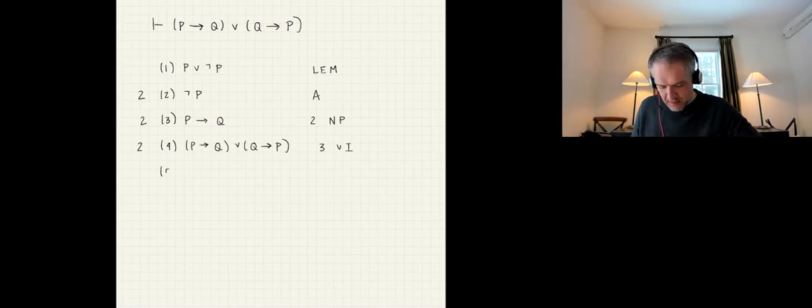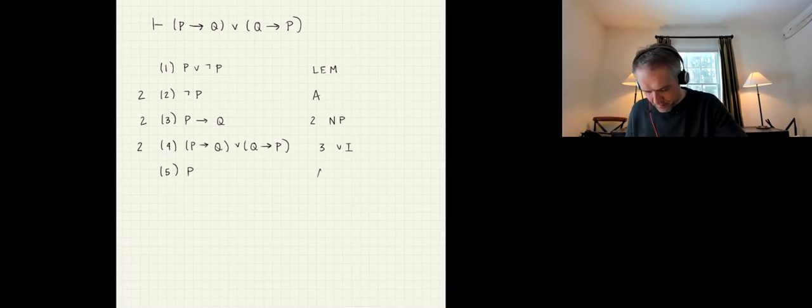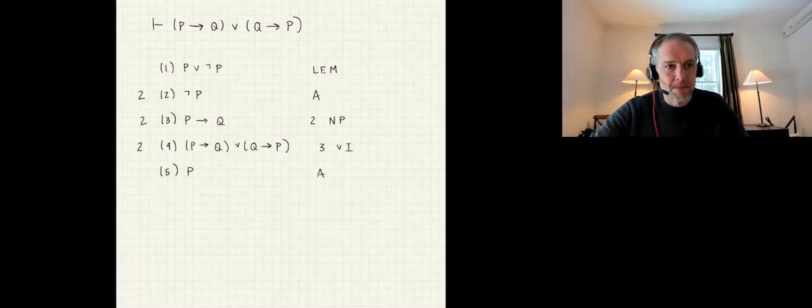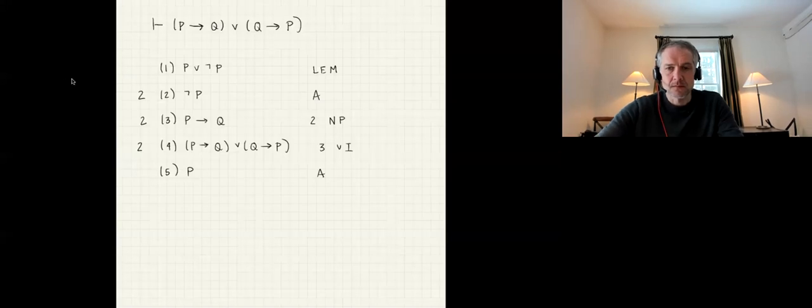And now I start the second half of my disjunction elimination that I'm going to do. So I assume now P. So that depends, of course, it's a new assumption, so it depends just on itself, 5. And then now I'm going to use the other. So I just use negative paradox back on line 3.